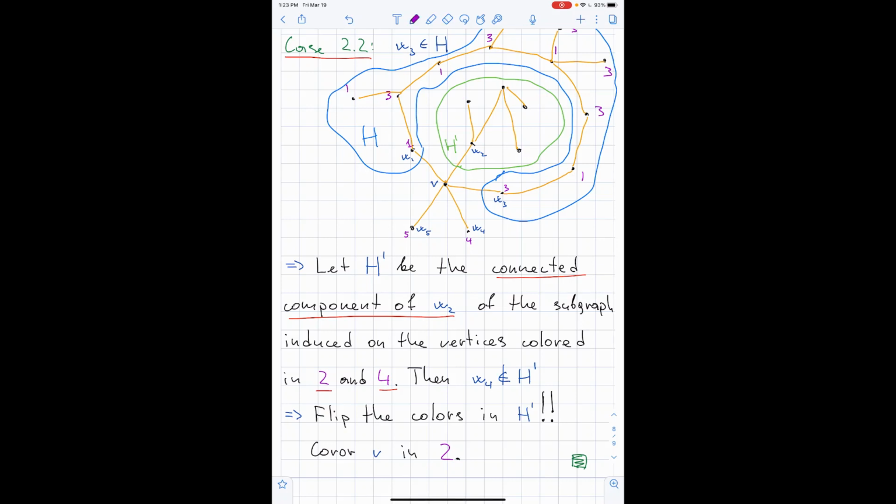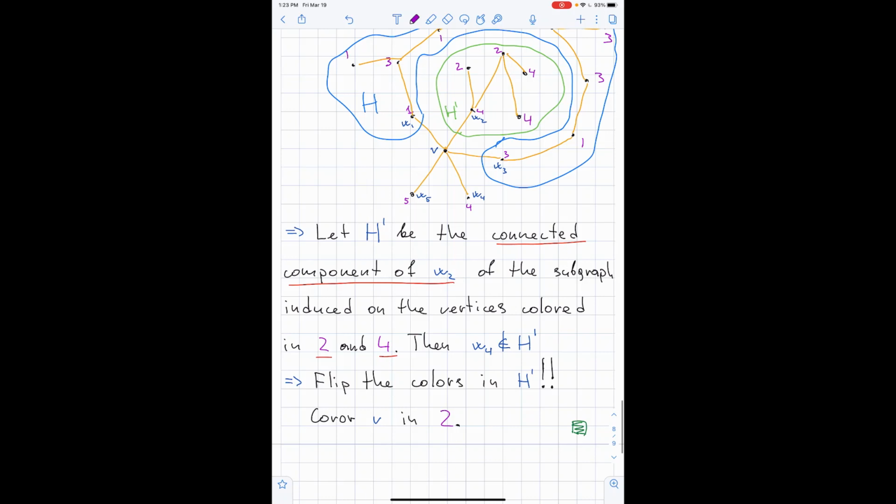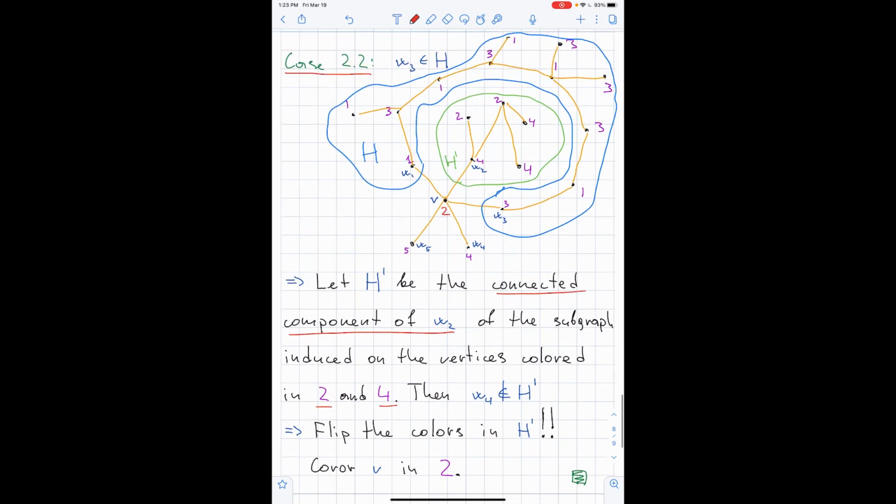So now W2 is going to be colored in 4. Those of its neighbors that are colored in 4 are now colored in 2, and so on. So we flip the colors in this subgraph H prime. And after that, the color number 2 is not used for neighbors of V, so we can color V in this second color, like that. And that's it. That's the end of the proof.